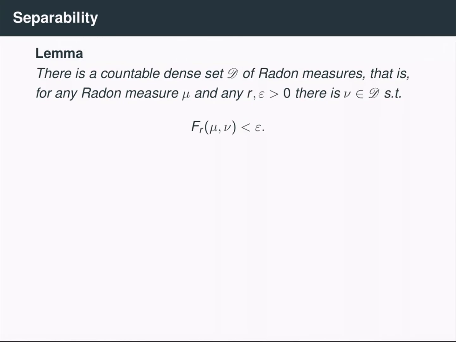We end this lecture by mentioning that the space of Radon measures is separable with respect to these pseudometrics, or, if you will, with the metric defined on the previous slide, in the sense that there exists a countable dense subset of the space of Radon measures. That is a countable dense set so that for any Radon measure mu and any radius r that we specify, we can find an element of our dense class as close to mu as we wish in the ball centered at 0 of radius r.